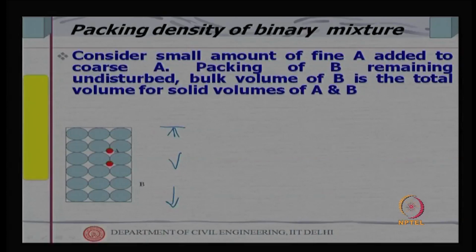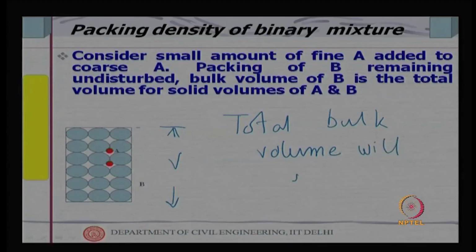So, what will happen to the total solid volume? Total bulk volume remains the same. In the previous case bulk volume increased, but here bulk volume will remain the same.